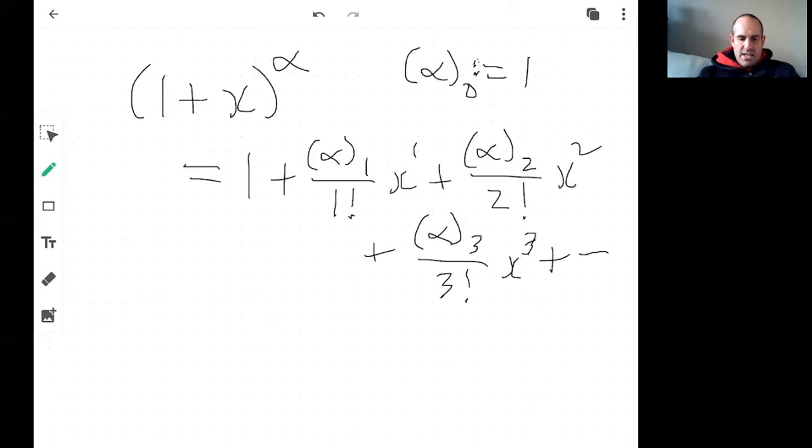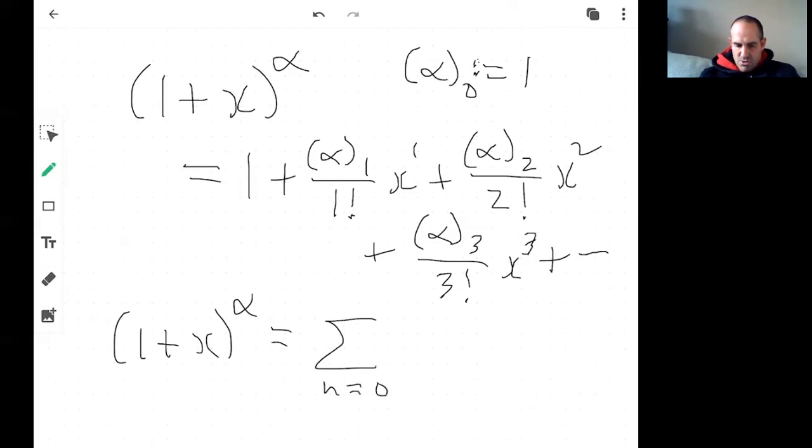And so then we can actually write (1 plus x) to the alpha as being the sum, n going from 0 to infinity, of alpha Pochhammer symbol sub n over n factorial, x to the power n.